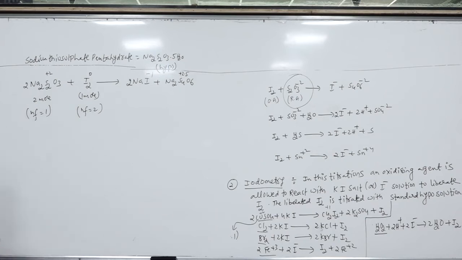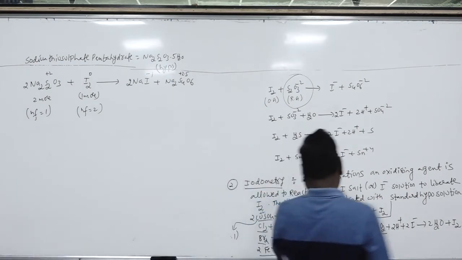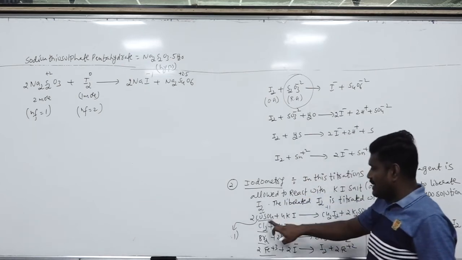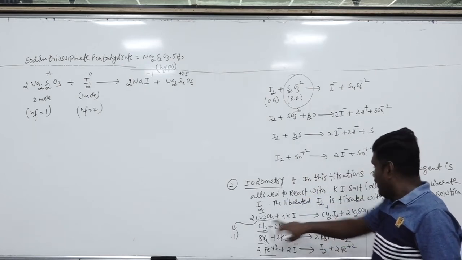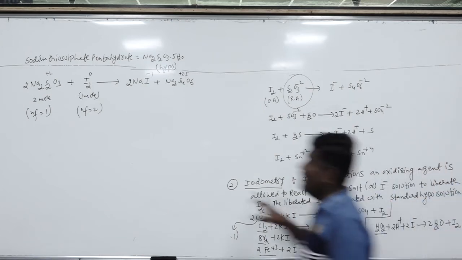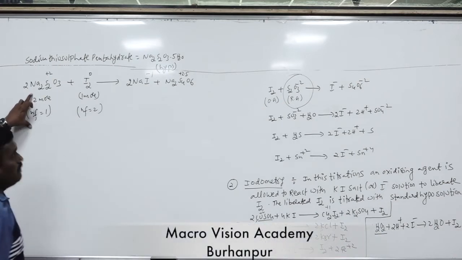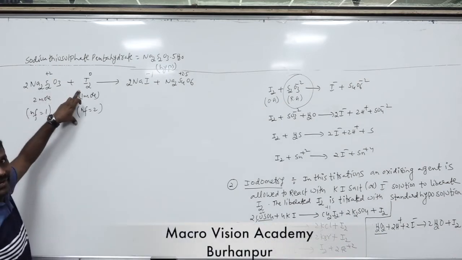Now here in this reaction, the key concept is the number of equivalents. Let's suppose the number of equivalents of copper sulfate is equal to the number of equivalents of I2. The number of equivalents of I2 will be equal to the number of equivalents of hypo. Once we know the number of equivalents of hypo, we can calculate the number of equivalents of iodine.